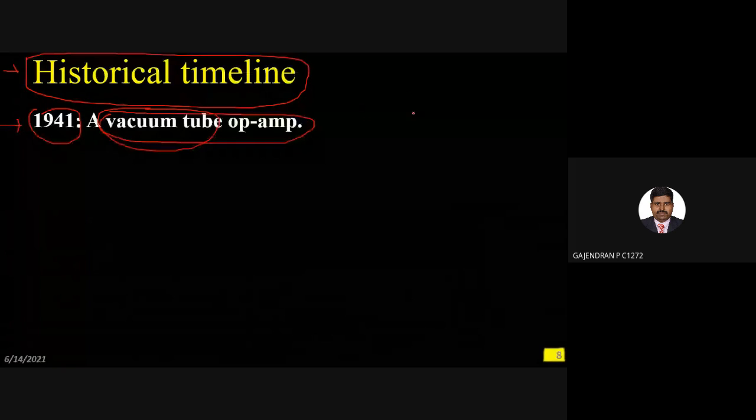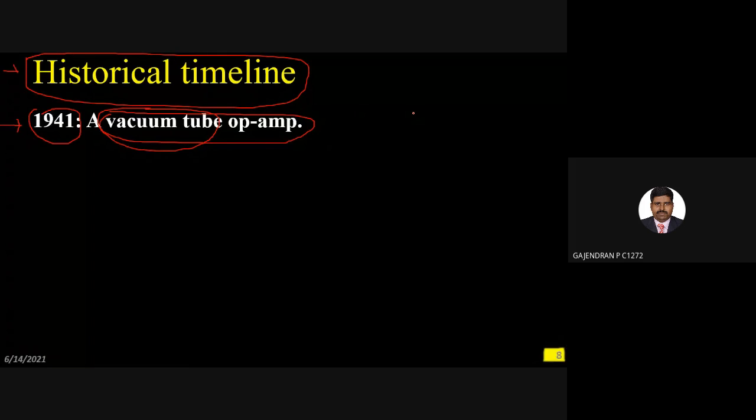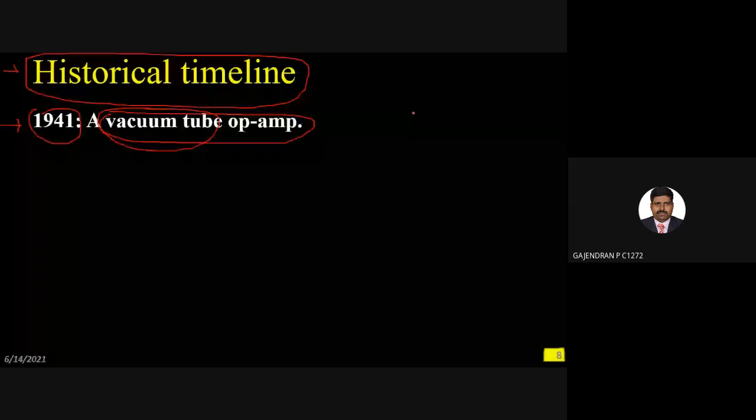Have you heard that term? In chemistry, you have seen electrodes. So vacuum tubes consist of different numbers of electrodes, and according to the kind of electrodes, charge carriers move. Accordingly, these vacuum tubes operate.